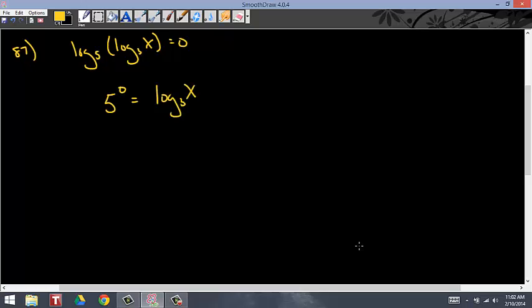What is 5 to the 0 power? 1. So 1 is equal to log base 3 of x. We're stuck again. So how do we get unstuck again? Change forms again, right? 3 to the first equals x. What is 3 to the first? 3. Done. And done.